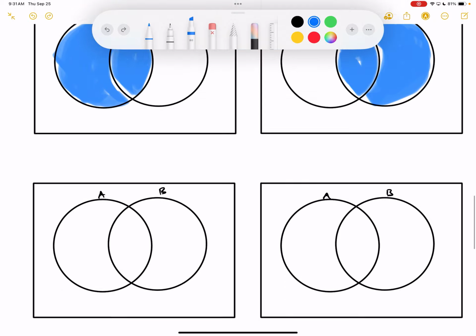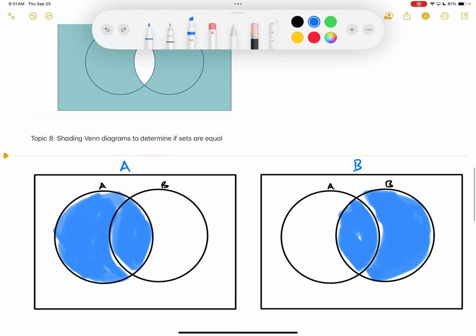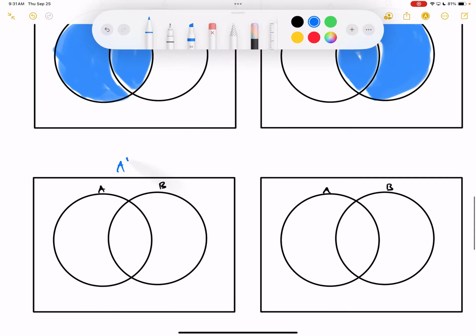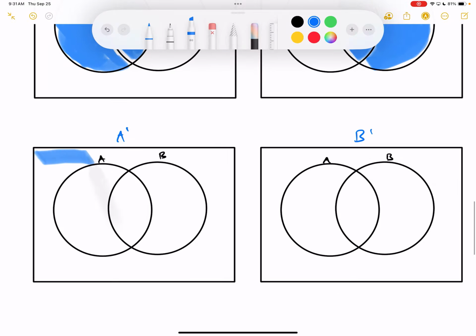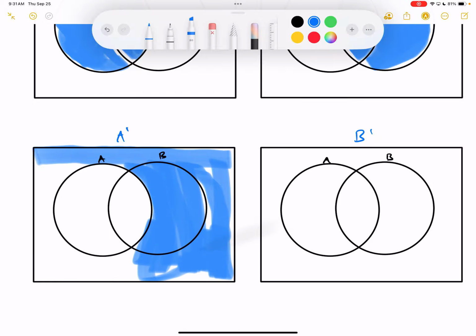It also would be helpful here to have A naught and B naught. So A naught would be everything outside of A. Everything outside of A would be that part right there too.